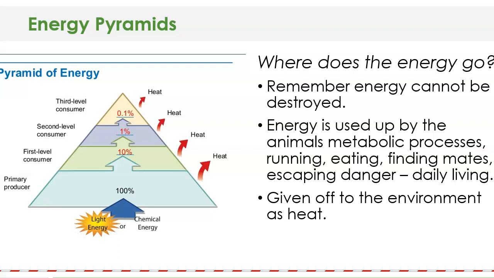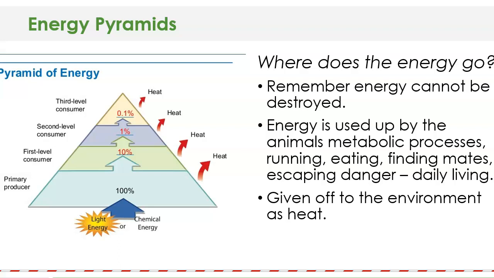So energy gets used up by organisms at each level through what we call metabolic processes. Those are the processes that keep you alive, right? You've heard the word metabolism maybe in the past. Your metabolism is what keeps you going, what keeps your body working. And so you do all kinds of metabolic processes every day, whether it be running or eating, escaping danger, finding mates, heart beating, breathing, making new cells.